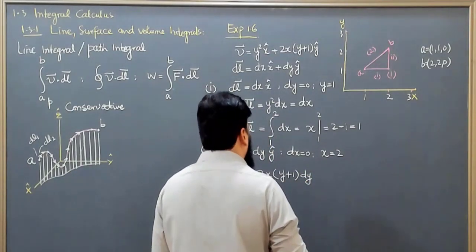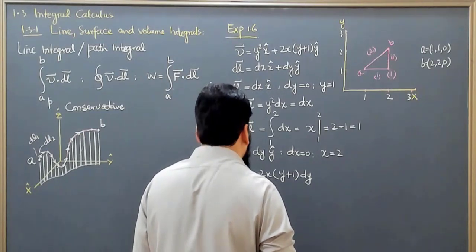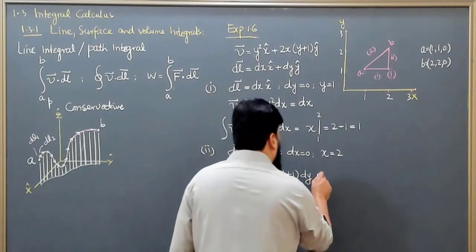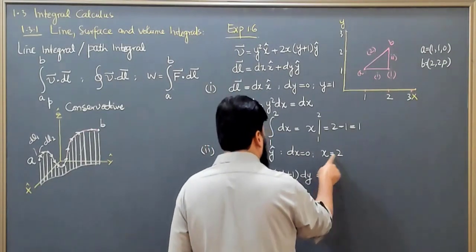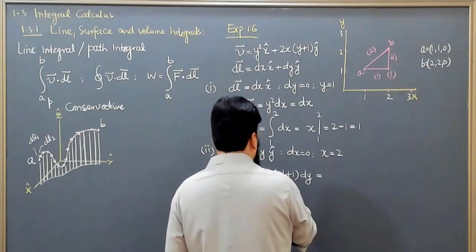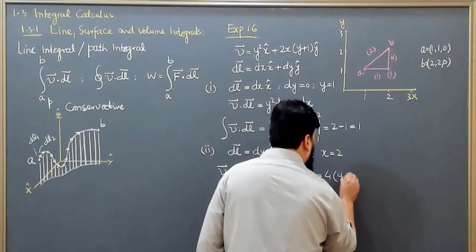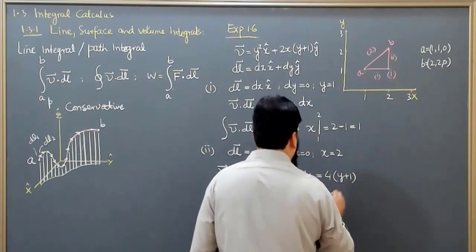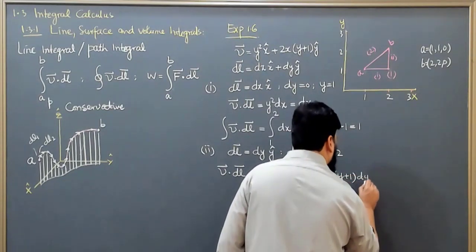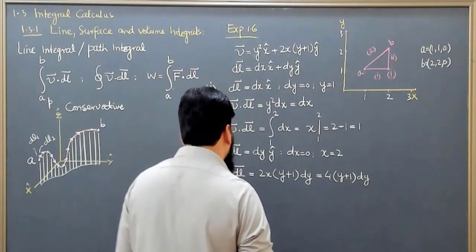Now I can calculate the rest, as I know that x is 2 here, so this is 2 into 2, which becomes 4 into y plus 1 dy. Now I can integrate this one.